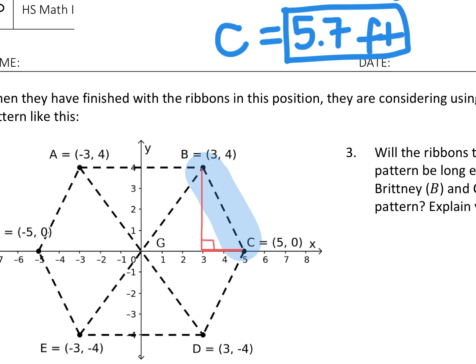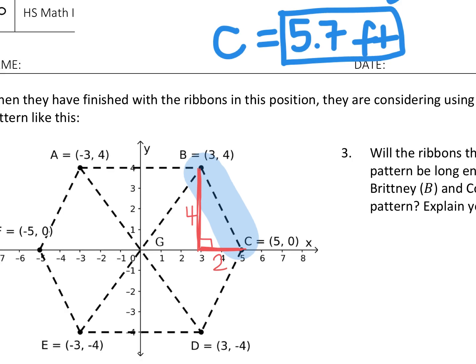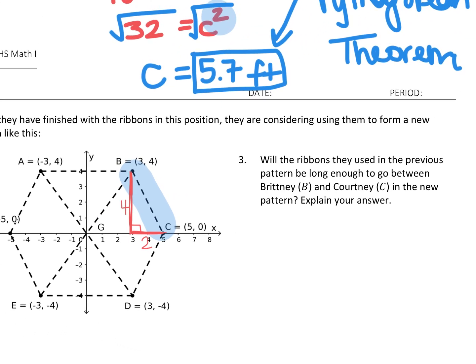And then I need to figure out the length of my legs. To find this horizontal leg right here, I can just subtract the 5 and the 3. So that is 2 feet long. And then to find my vertical leg right here, I'm going all the way from y is 0 up to y is 4. So that'll be 4. Okay. So now I need to plug into Pythagorean's theorem. 4 squared plus 2 squared equals c squared. That's going to be 16 plus 4 equals c squared.